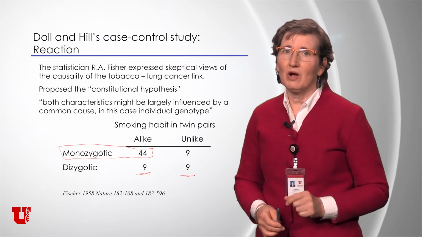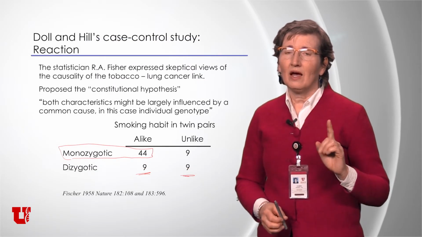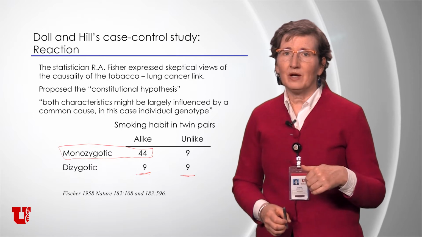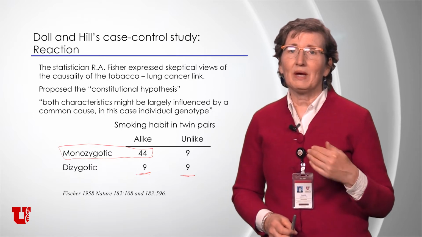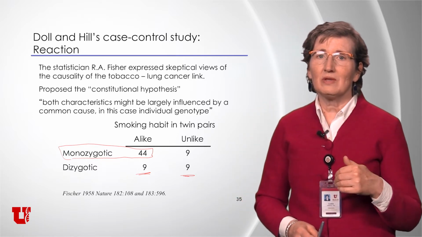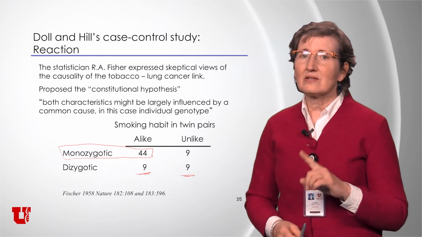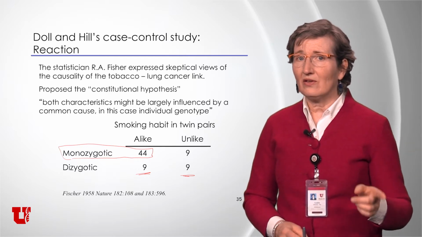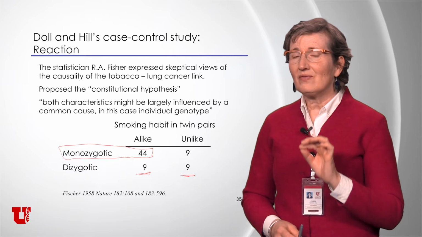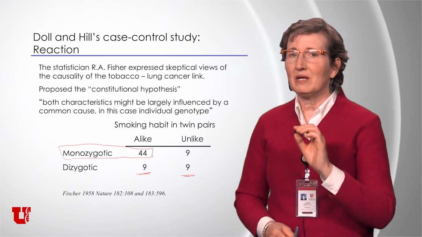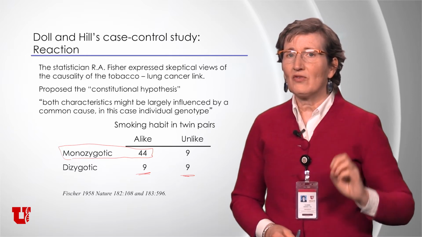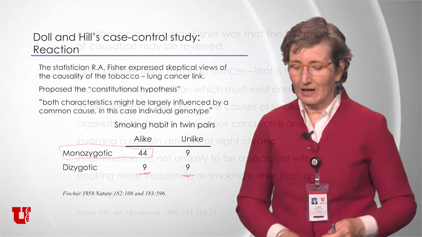So Fisher is not wrong that smoking and becoming addicted to substances like this might have some kind of genetic component to them. But does that invalidate Doll and Hill's finding? Only if the same genetic aspect that makes you a smoker is also making you susceptible to lung cancer.